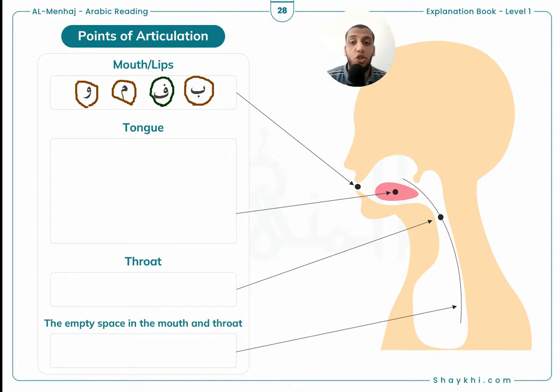Let's start with the letter fa, because it is pronounced by using just 1 lip, the lower one. How do we pronounce the letter fa?